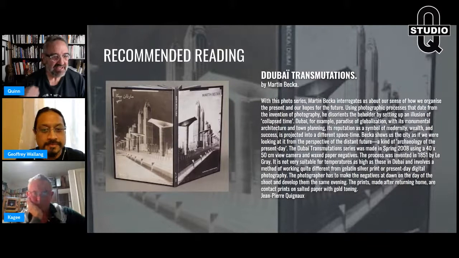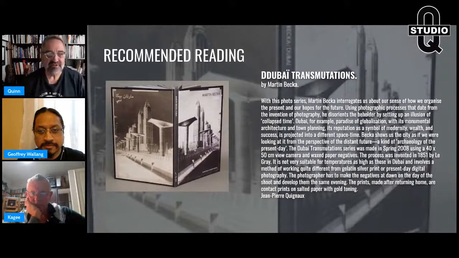If you can find this, even to look through it, he went and did these amazing cityscapes of Dubai in Calotype. And they say, let's read this real quick. With this photo series, Martin Becca interrogates us about our sense of how we organize the present and our hopes for the future.